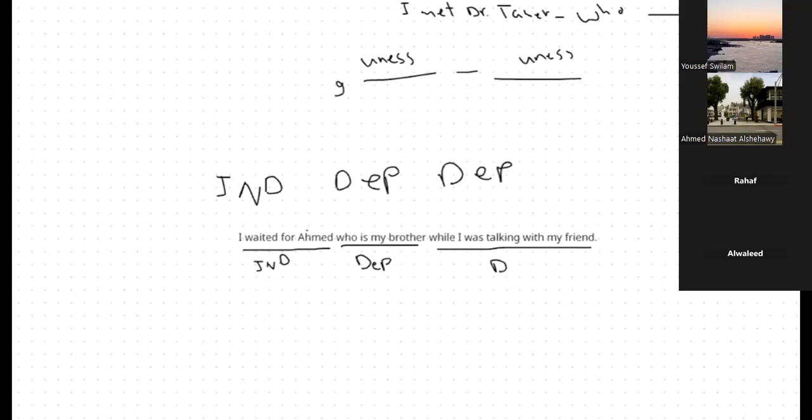The problem is that this dependent is not essential, because I already know Ahmed. Remember when you have a title then a name, don't put a comma, but when you have a name then a title, put a comma. Here the name is already known, so I have to put commas. So this clause is not essential. The basic sentence is: I waited for Ahmed while I was talking with my friend. Clear? It depends on the sentence you build and your analysis of it.